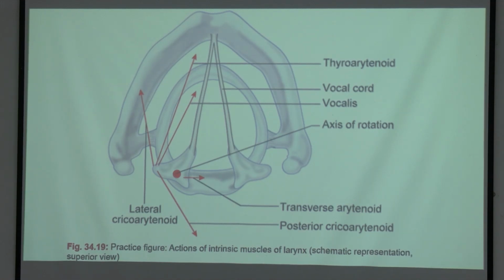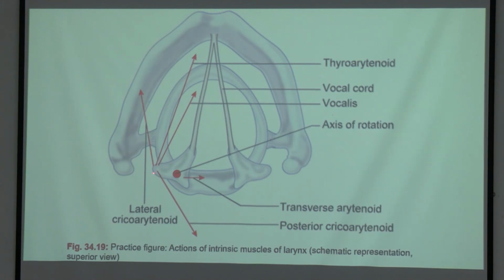When air comes out through this area, we get the production of voice. The anterior 3/5 is membranous, contributed by the vocal cords or vocal folds, inside which we find the vocal ligament, and the posterior 2/5 is contributed by the arytenoid cartilage, which is quadrangular in shape.